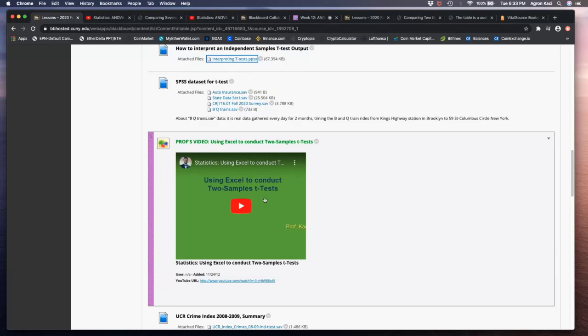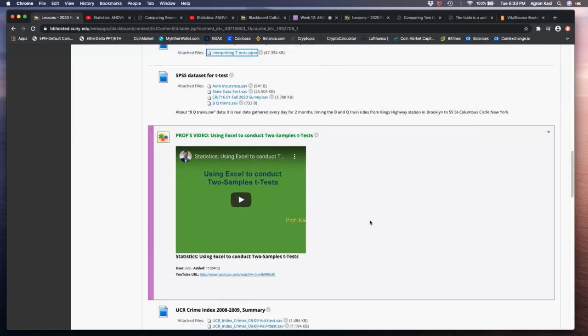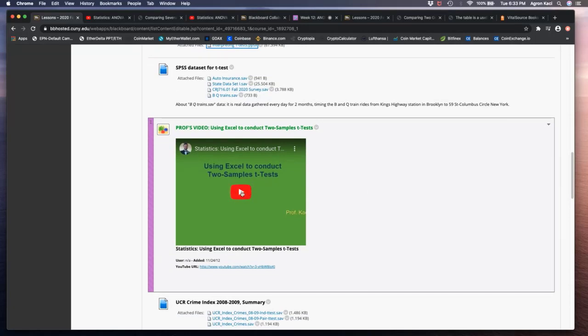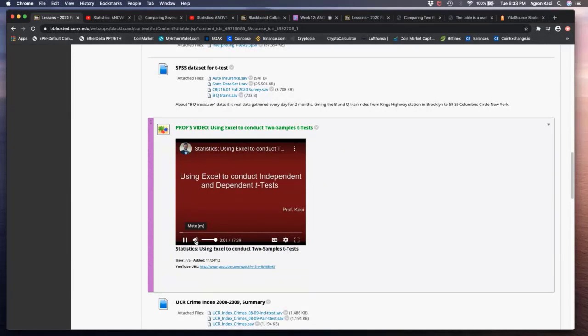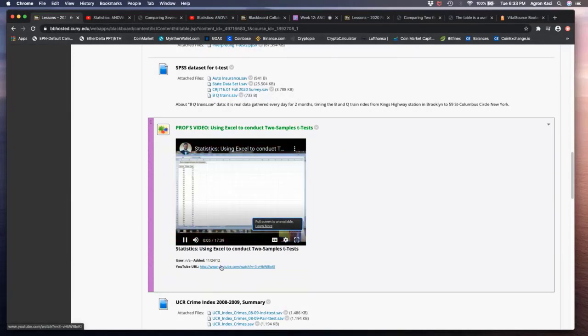In Excel, you have to do one test first. You have to do the Levene's test first, and then based on that, you either do the equal variances assumed or not. I don't think I have this open. I could show you quickly, but you can always use it in Excel. I don't think I can.